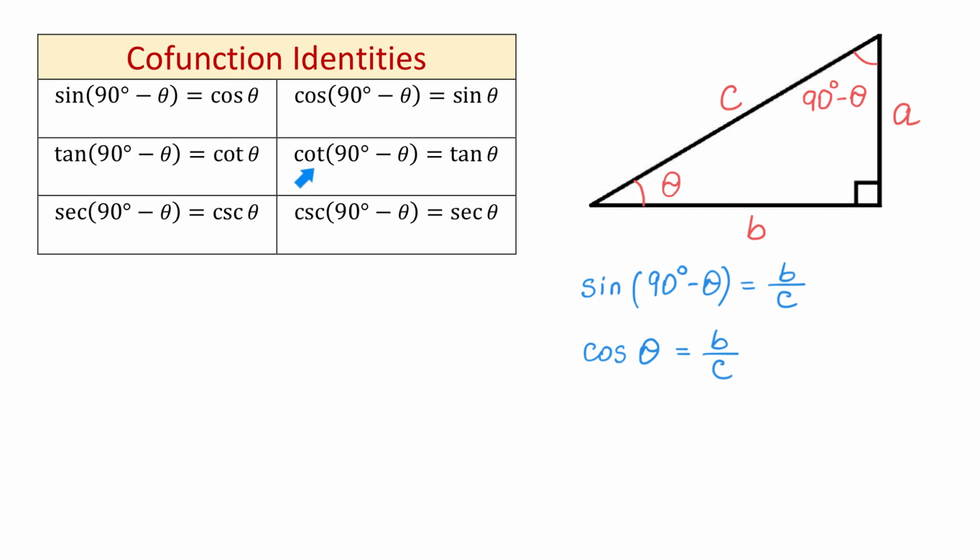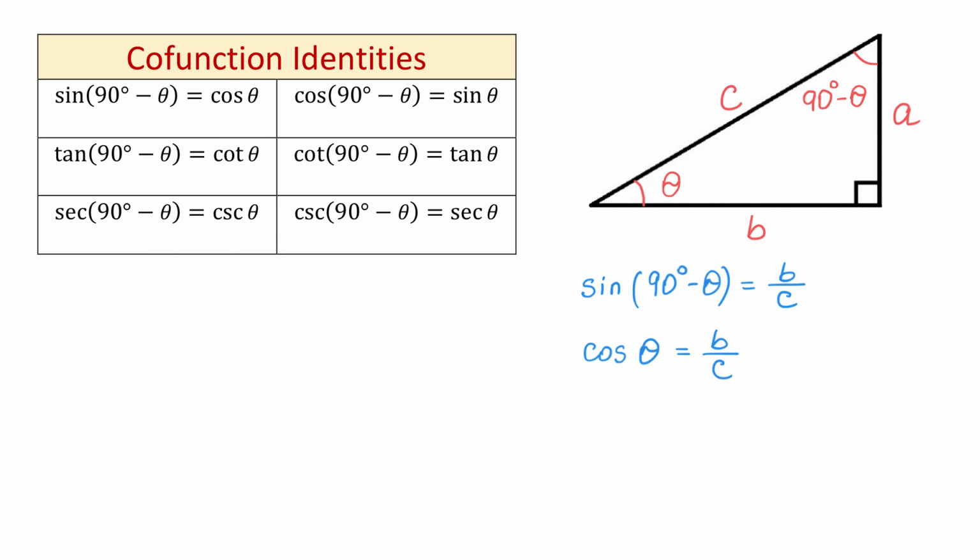So these two are another pair of cofunctions. And in the last row, we have secant of 90 degrees minus theta equals cosecant of theta, and cosecant of 90 degrees minus theta equals secant of theta. These two are another pair of cofunctions.